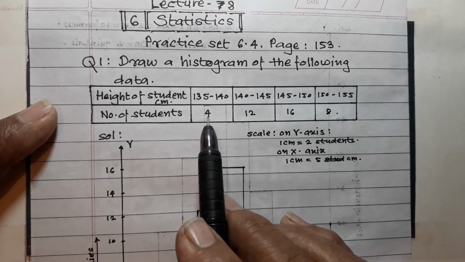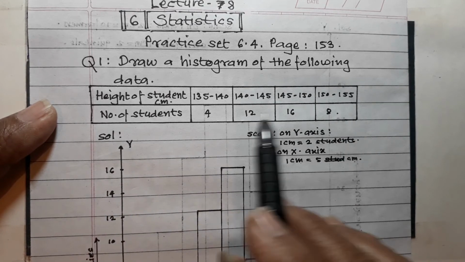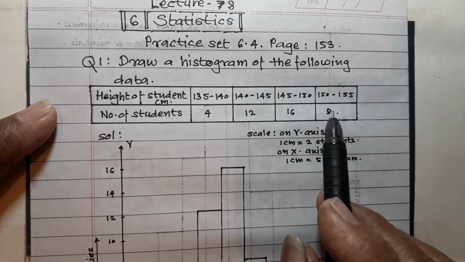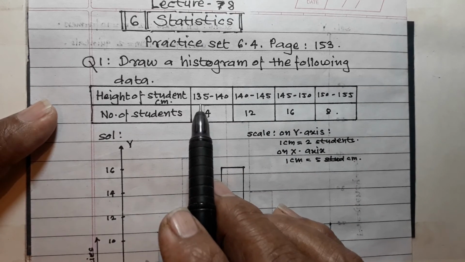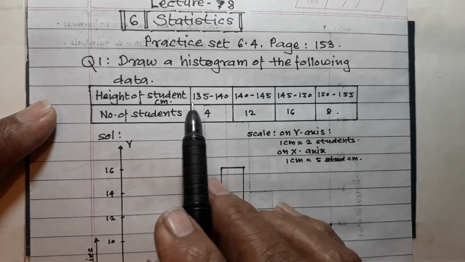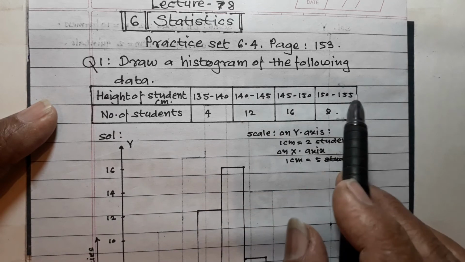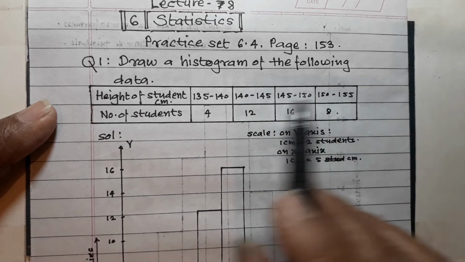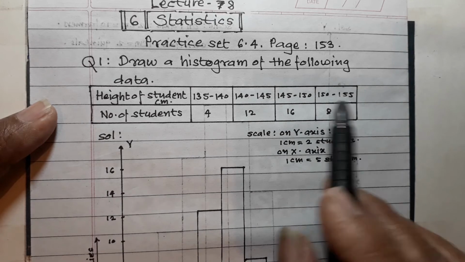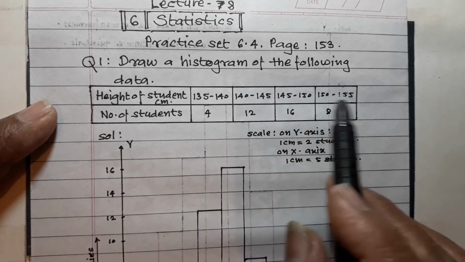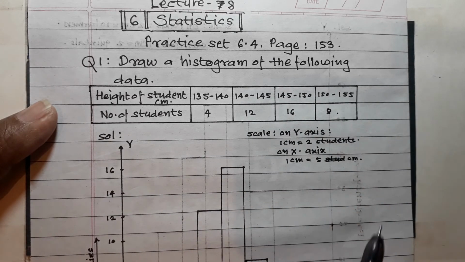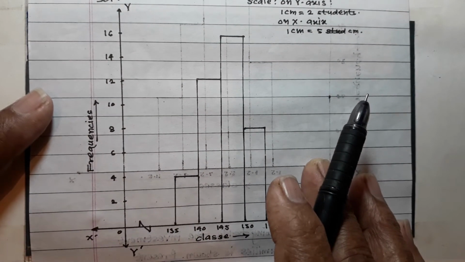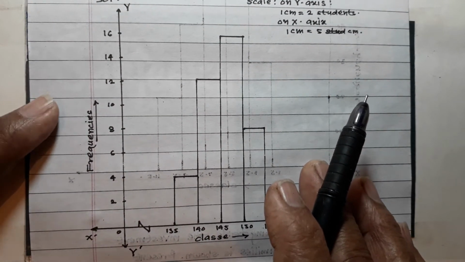Here frequencies are given: 4, 12, 16, 8. First you observe your classes. Now here the classes are continuous. Okay, if classes are not continuous, then make them continuous first. And now you try to draw the histogram.